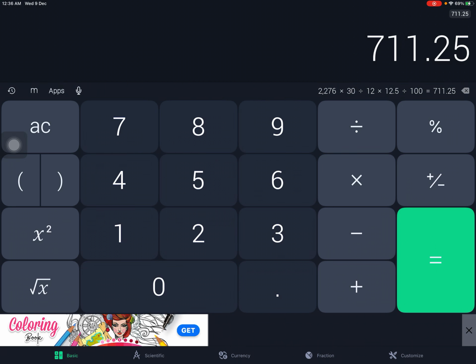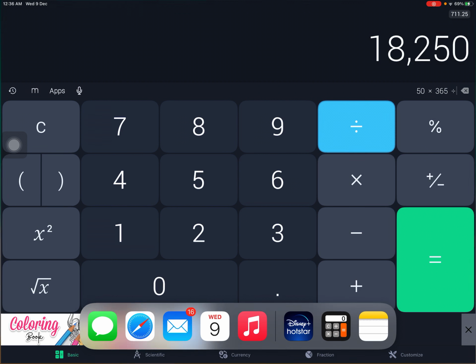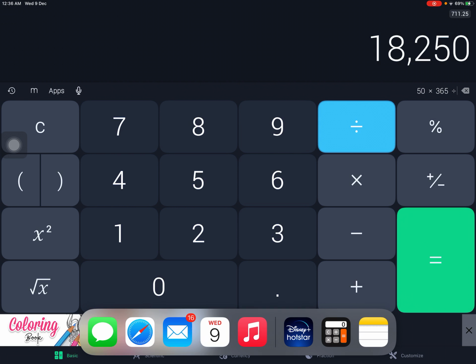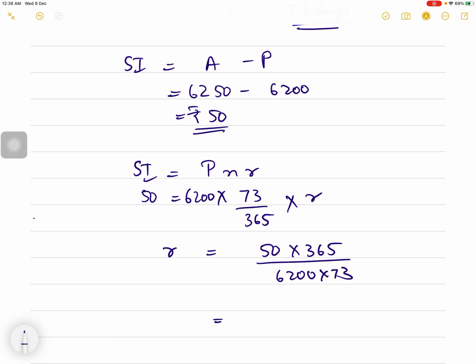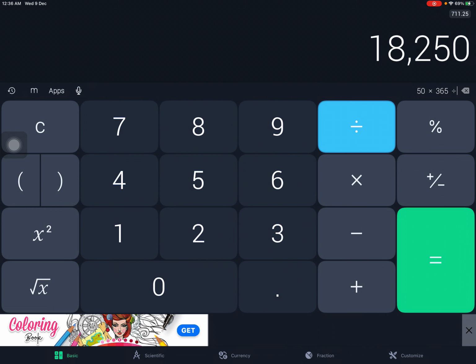So 50 into 365 divided by 6,200 into 73.